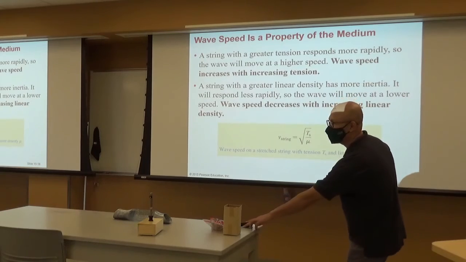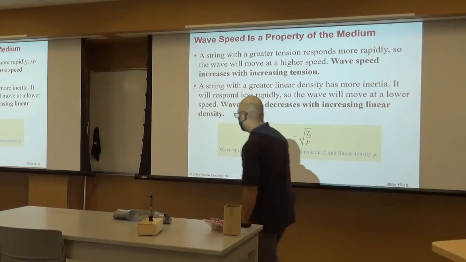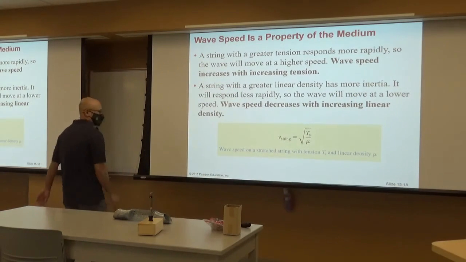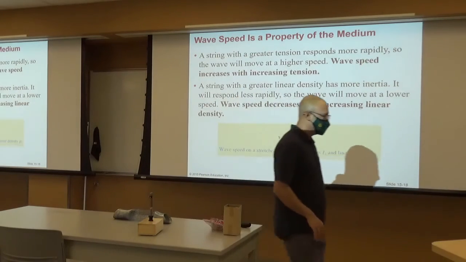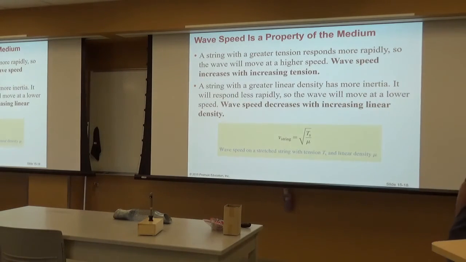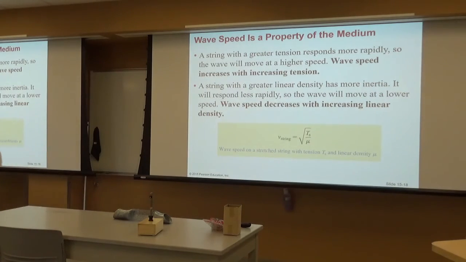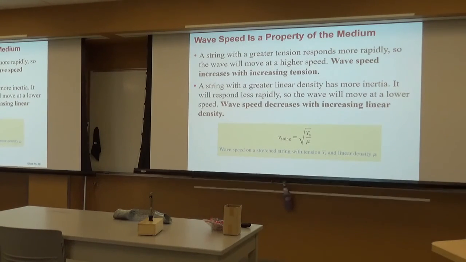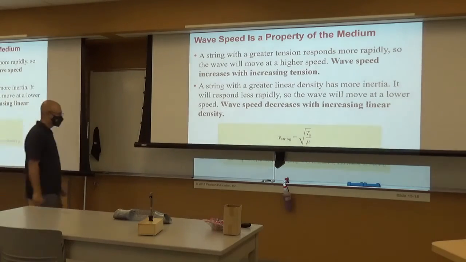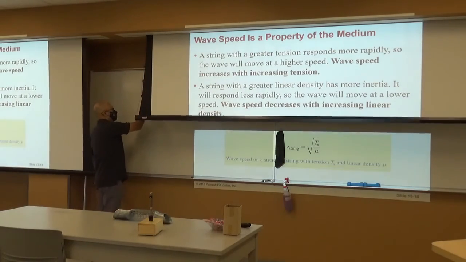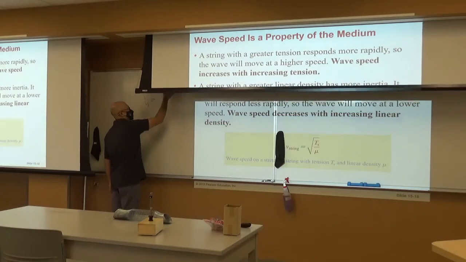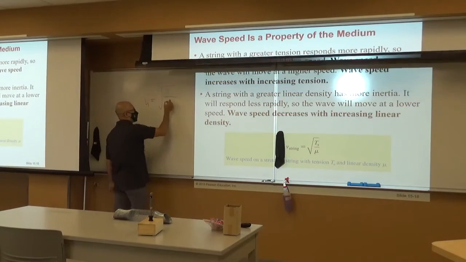Does that make sense? Or I can show you. So V1 is the square root of T over mu.